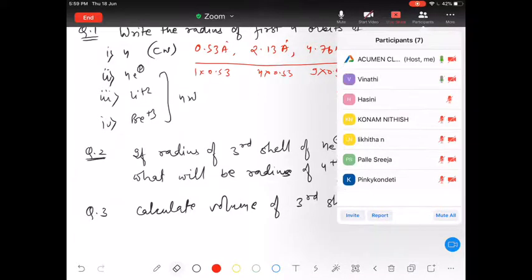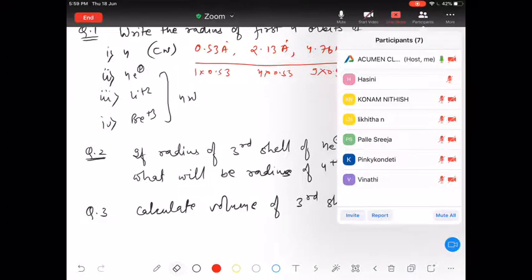Hasini, Nitish, Vinati, anyone? First question is easy only, right?